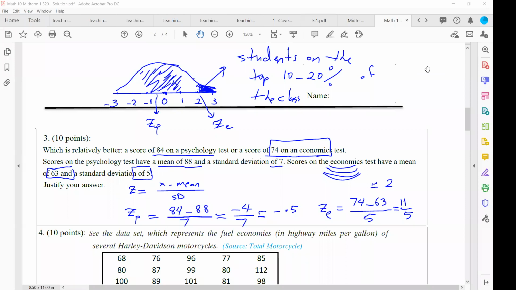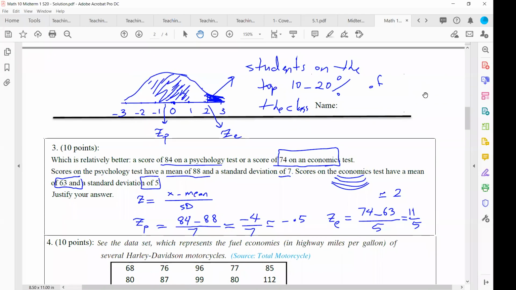So if it was a negative number on the left-hand side, then the score is among the students who did terrible on the test. So some of you did the algebra, and instead of having +2, you had -2.